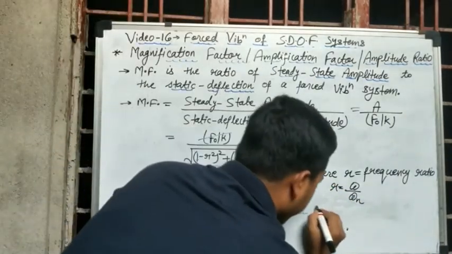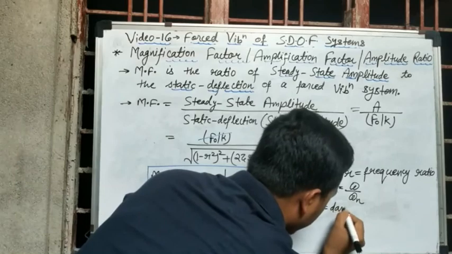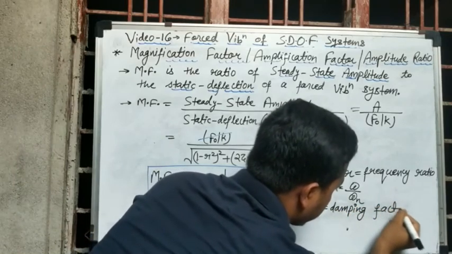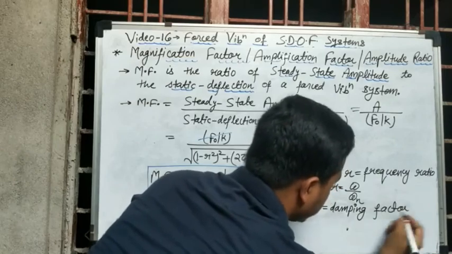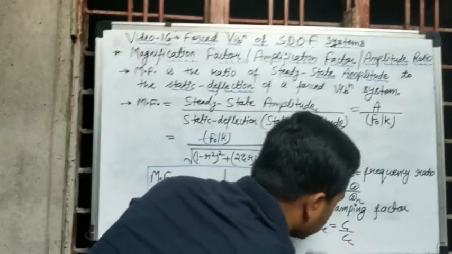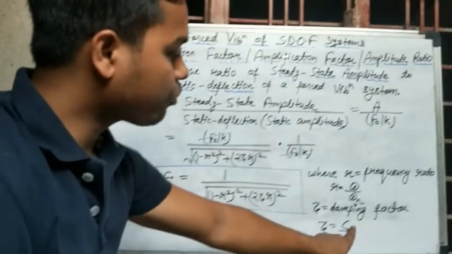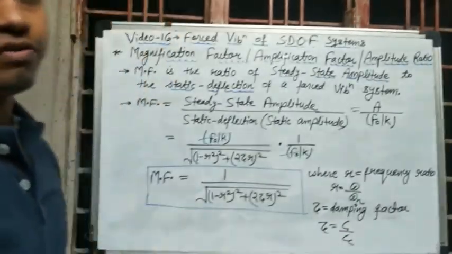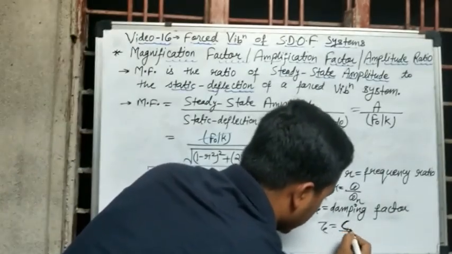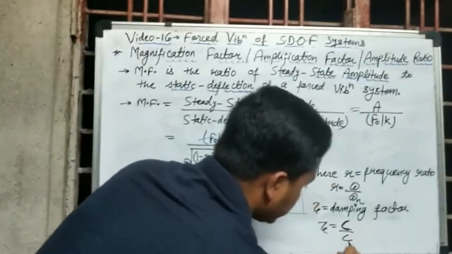And zeta is the damping factor, and the formula for zeta is C by Cc: the actual damping coefficient by the critical damping coefficient. Right. This is C by Cc.